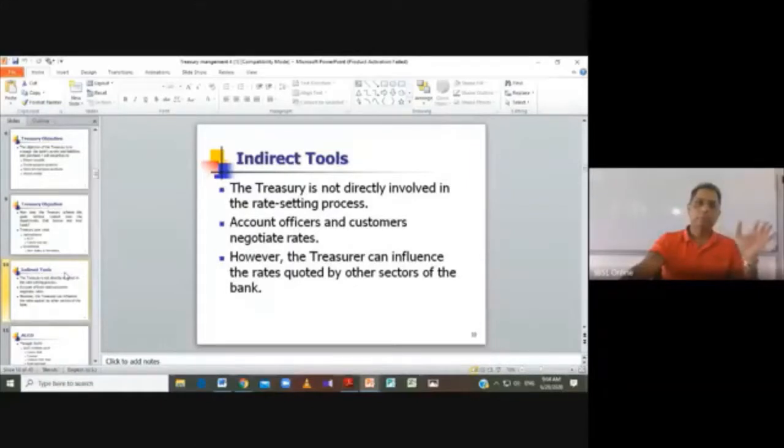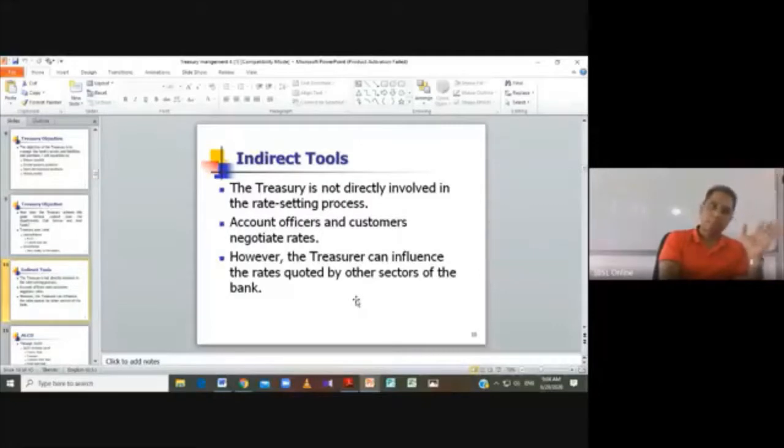Okay, let's look at the indirect tools. What are the indirect tools a treasury will use when trying to manage the borrowing and lending costs of the bank? Like I said, the treasurer can't get involved in setting the rate for its client. For example, the treasurer can't decide that we should be raising deposits at 10%.